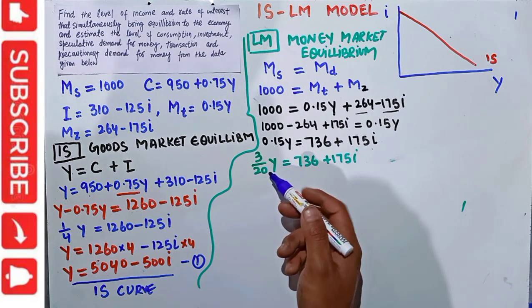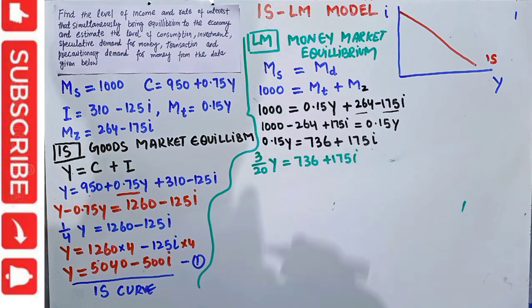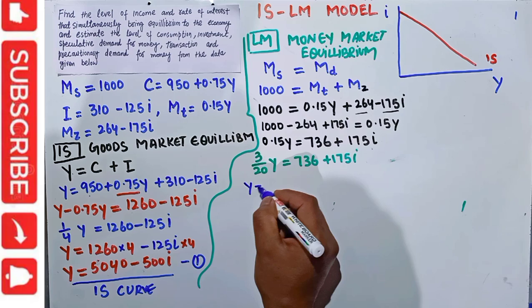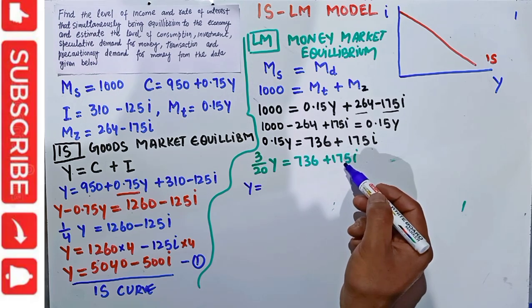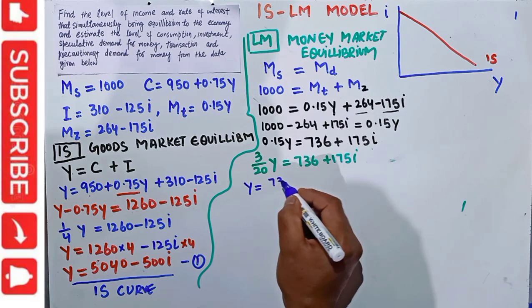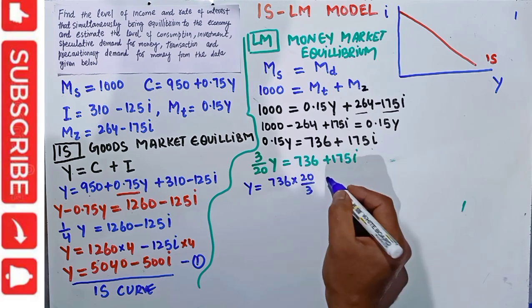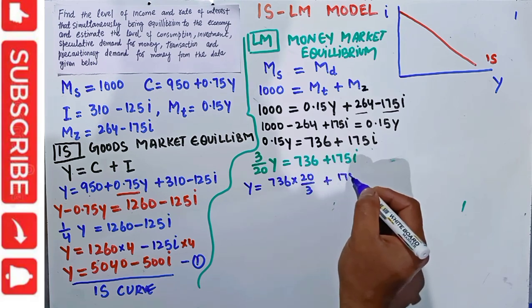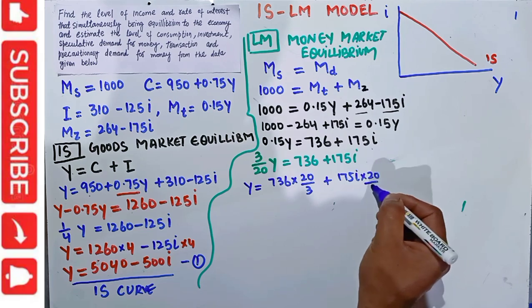So let us transpose this 3 upon 20 to the RHS. That means y will be equal to this 3 upon 20 will get multiplied to each of these terms but reciprocated. It will become 736 into 20 divided by 3 plus we have 175i into 20 divided by 3.